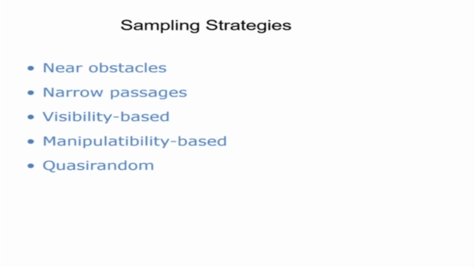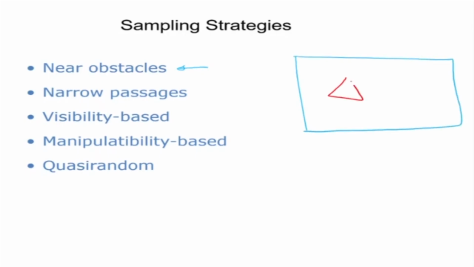Okay. So the first method is near obstacles. Now obviously that is clear, right? So if you have a workspace like this where you have obstacles like this, then basically you're sampling here and this is free space, right?